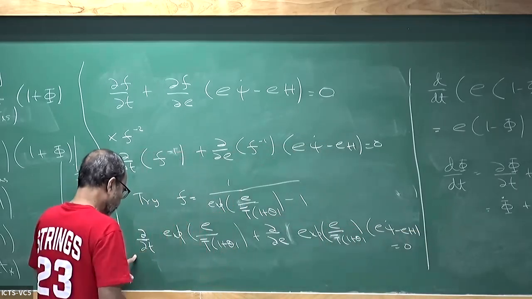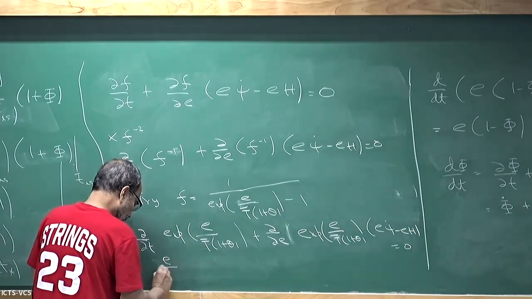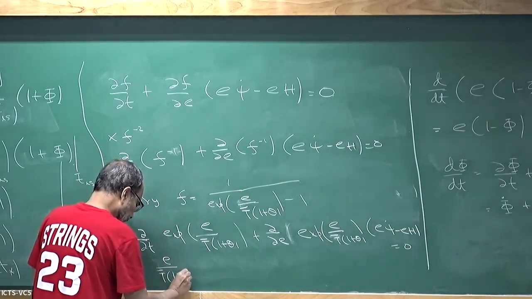So let's do this. So you get E over T bar (1 plus theta).